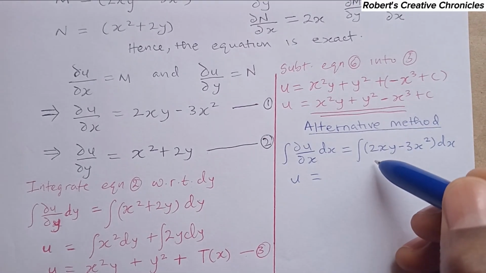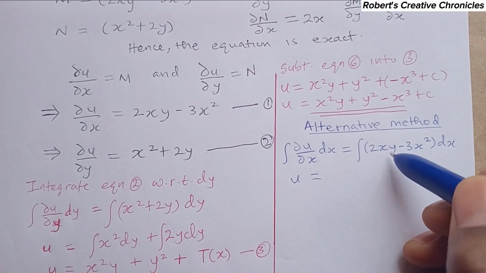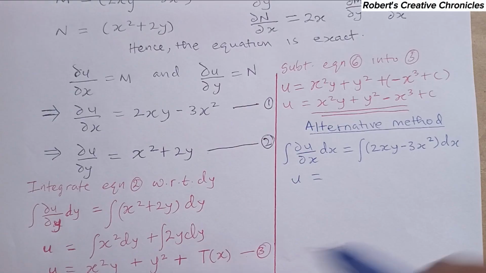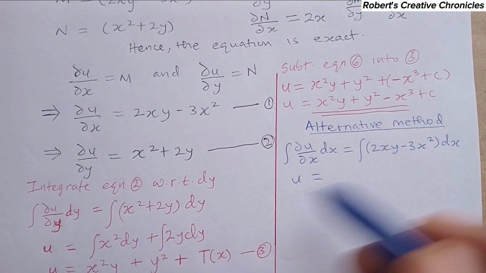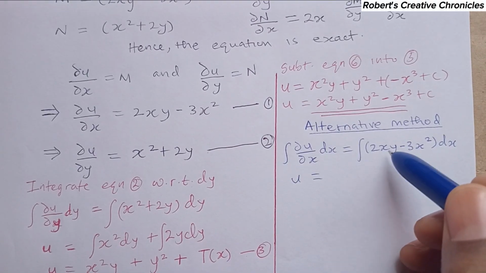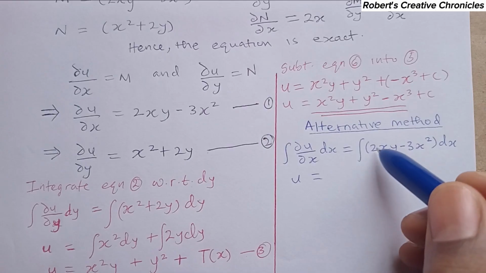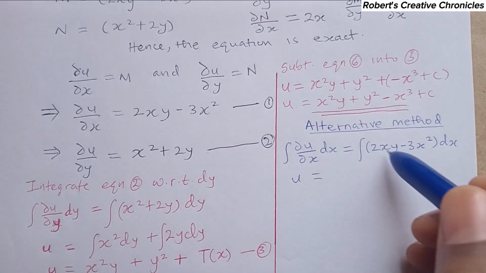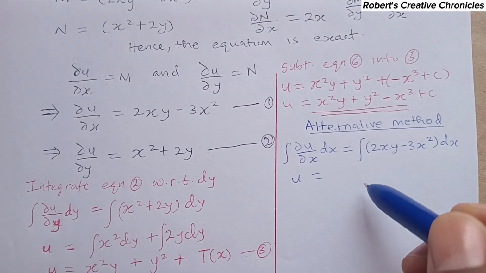So now this becomes, we can factor out, you can open the bracket like I did here, but since we have already done it here, I can directly integrate. I factor out 2y, then 2y times x squared over 2. The 2 will cancel 2, so it will be x squared y.